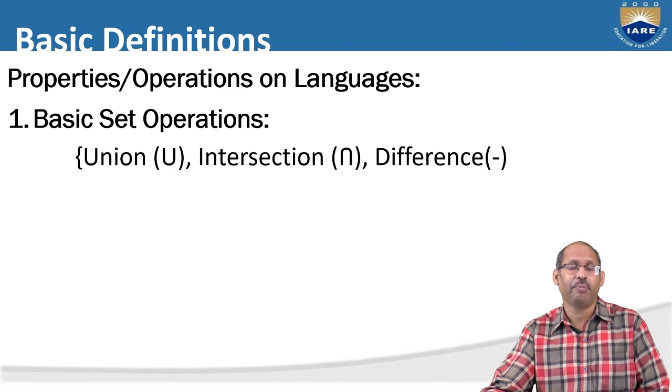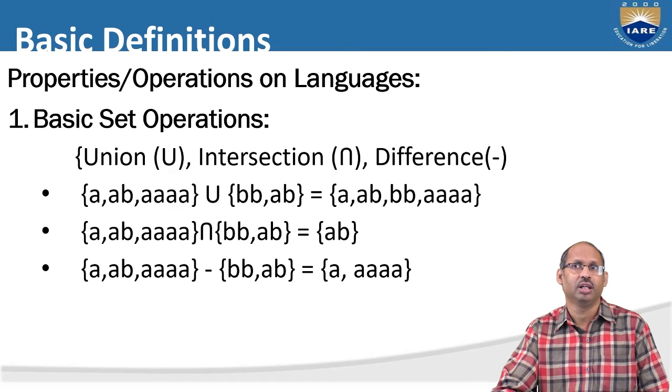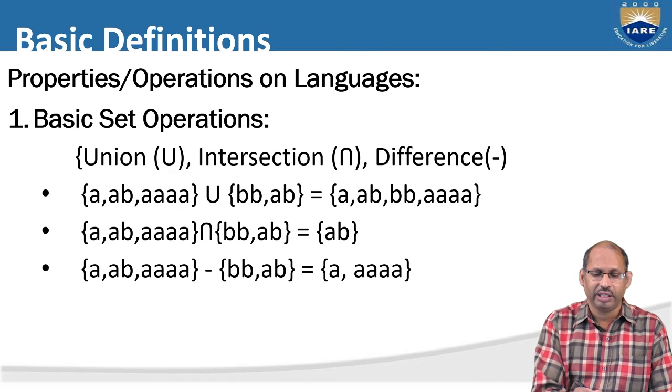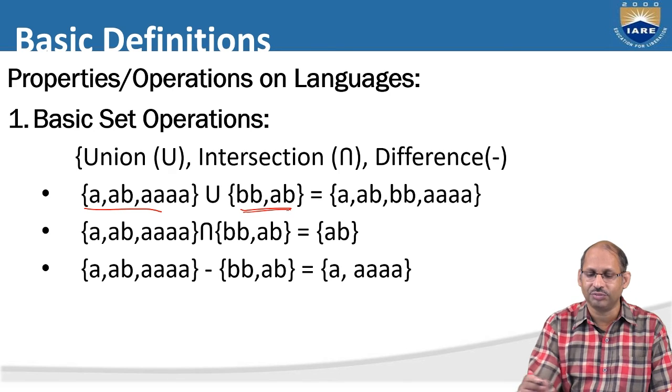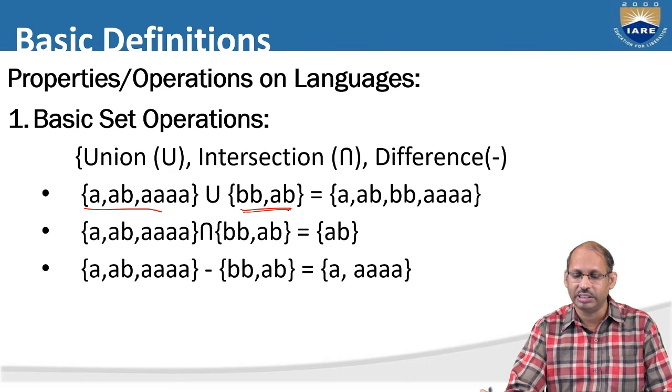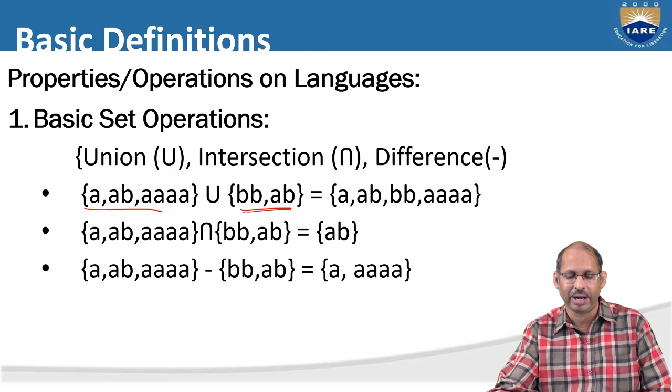Then basic operations on the languages. Here the basic operations are union, intersection and difference. Now we'll see them one by one. Here a language union with this one results in this union, all combined.